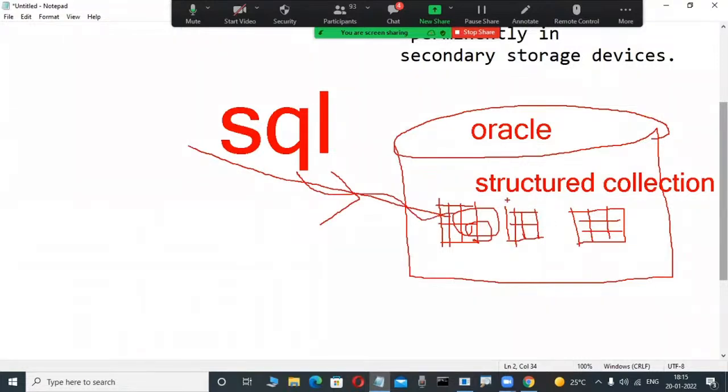But MongoDB and those types of databases are different. There is no SQL there. It uses JavaScript and those types of languages. So SQL is one separate language, through which we operate on data in these types of databases.